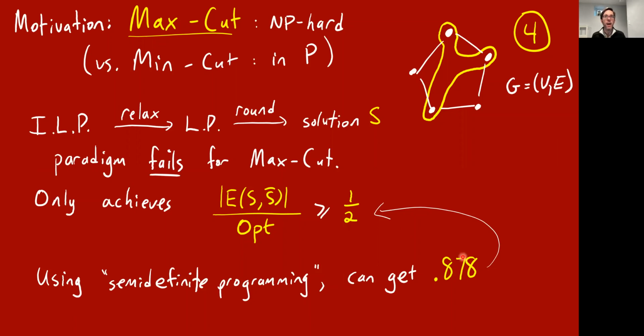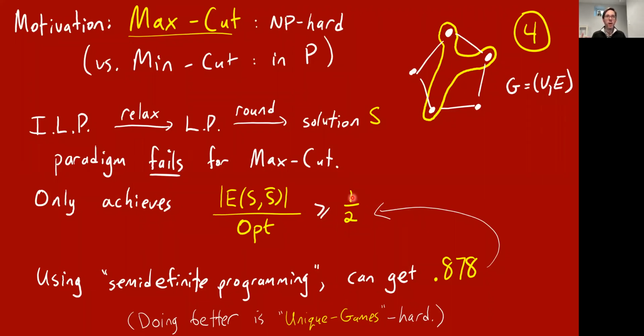It'll give you a polynomial time algorithm that returns a set S that always achieves at least 87.8% of the maximum cut, which is pretty great. And in fact, there's evidence that doing better than this 87.8% cannot be done in polynomial time. It's unique games hard, and we'll say what this means in a much later lecture of the course.